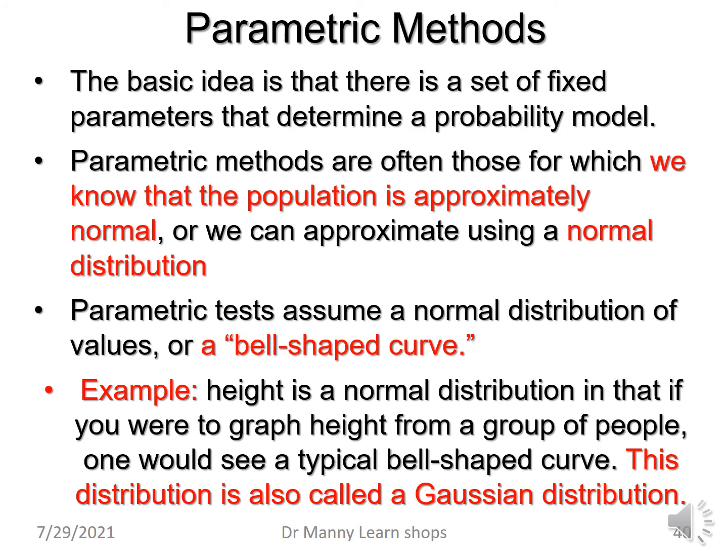Parametric tests assume a bell-shaped curve which demonstrates a normal distribution. An example: height is normally distributed, so if you were to graph the height of a group of people, one would see a typical bell-shaped curve. This is also called a normal distribution or a Gaussian distribution.